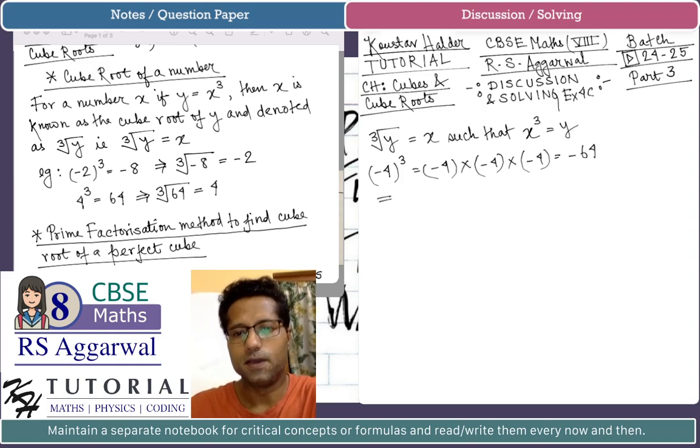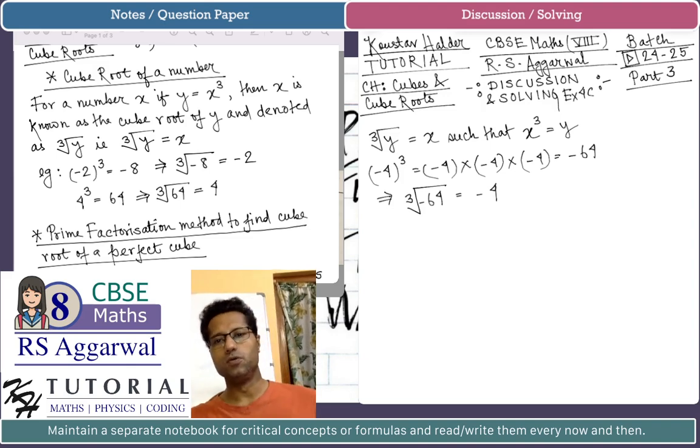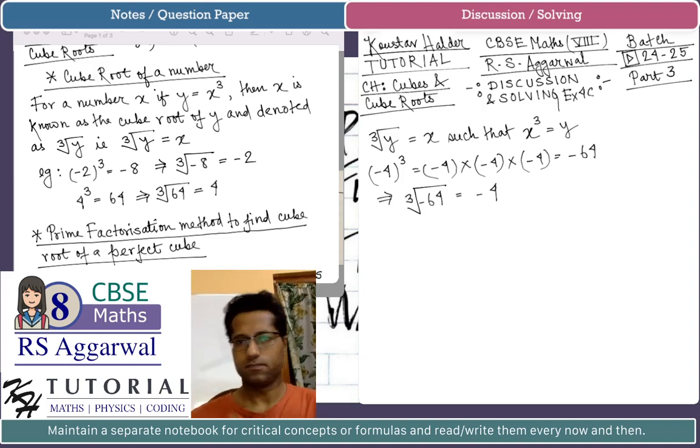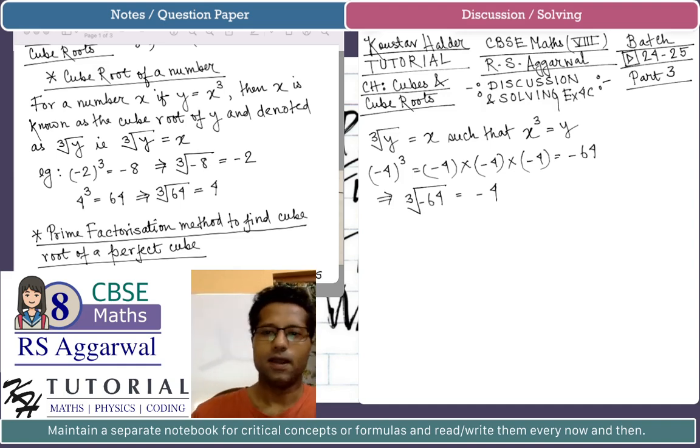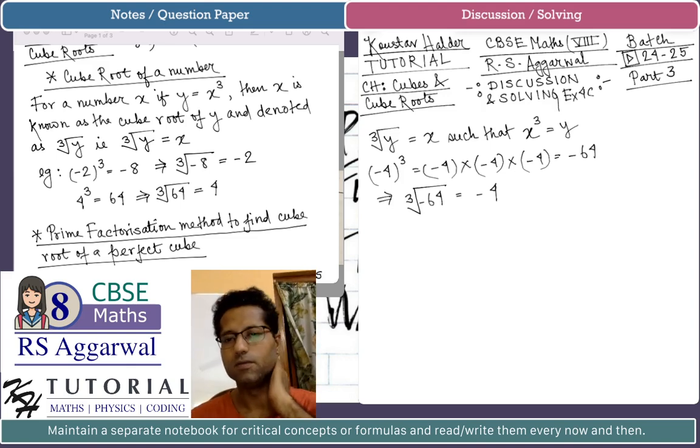So for the number minus 64, there exists minus 4 whose cube is equal to minus 64. So we can say that the cube root of minus 64 is equal to minus 4. So the cube root of a negative number exists. The cube root of a positive number will be positive and the cube root of a negative number will be negative.